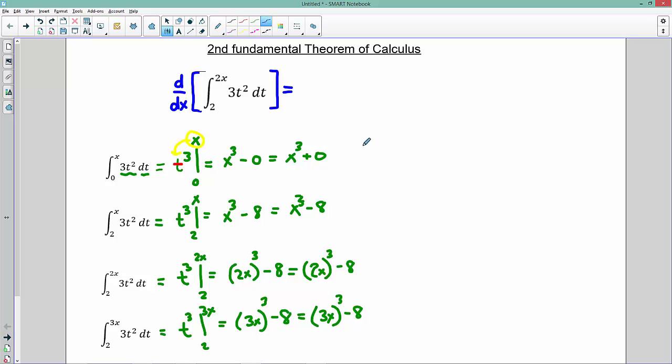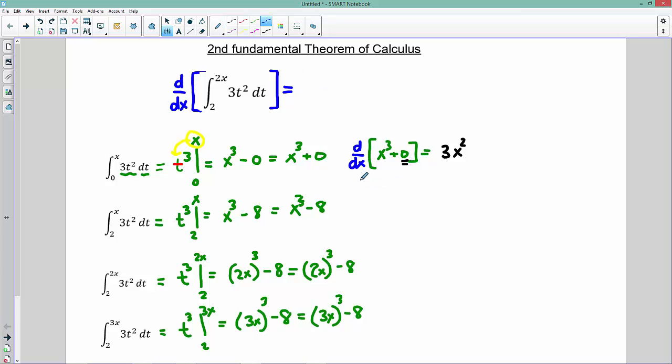So I'm going to use blue to show you. I'm going to take our expression here that we just found, and I'm going to d dx this expression, x to the third plus 0. Okay, and let's see what we get. And the derivative is, of course, 3x squared plus 0, right? Plus 0 because this is a constant.